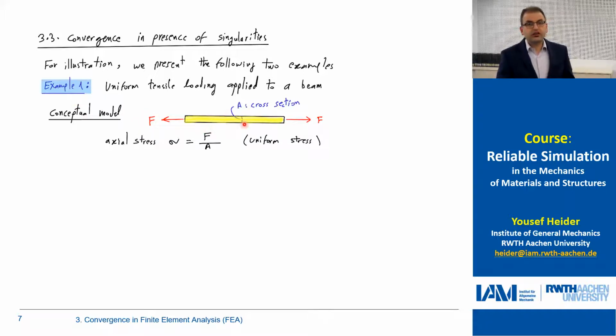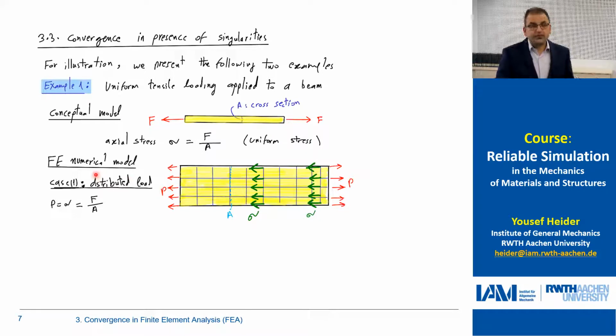If the cross-section of the beam has an area of A, then the stress will be sigma equals F over A, a uniform stress. Then your task is to build a finite element code, to model this beam as a solid element. And the question is how to apply the forces in this case in the model.